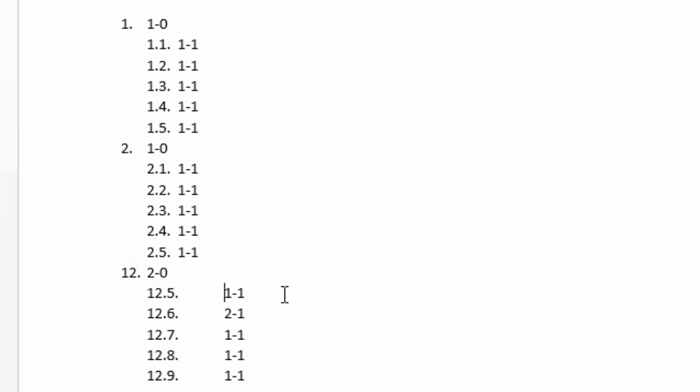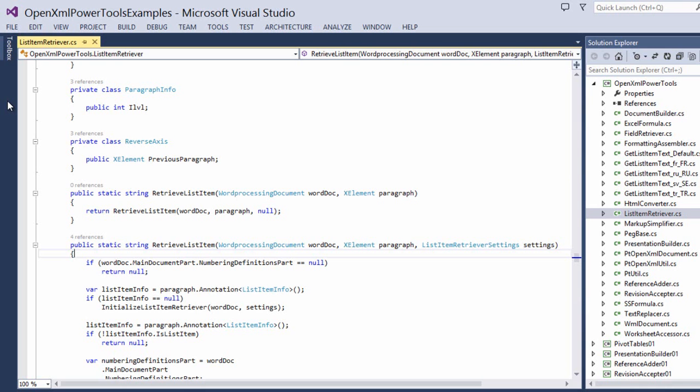So these were the two things that I ran into that caused me to rethink the whole list item retriever. The first is that I had to keep around information about numbering that is set on the style and information about numbering that is set on the paragraph. And second of all, I needed to implement this interesting set of rules for start overrides, which I've detailed.